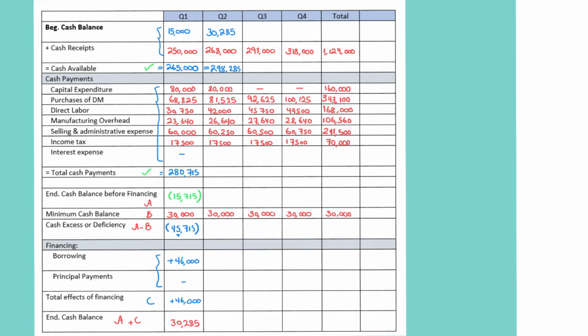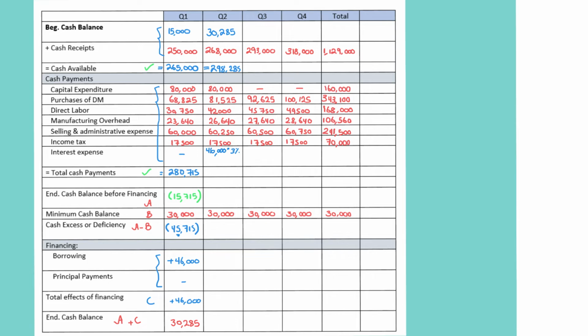So I need to pay interest expense on the borrowings I made. I borrowed 46,000, so I need to pay interest. In the question they said the interest will be 3% per quarter. So I need to multiply 46,000, which is the principal or the loan, times 3%.